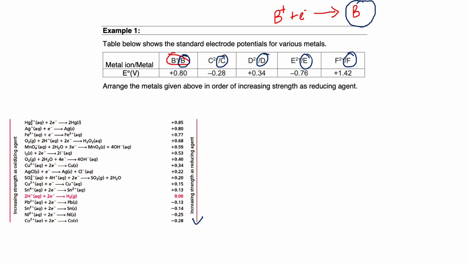The one with the most negative value will be the strongest reducing agent. So the answer will be E. E will be the strongest reducing agent among all these 5 metals. Because we have to arrange them in increasing strength as reducing agent, the second strongest will be C.